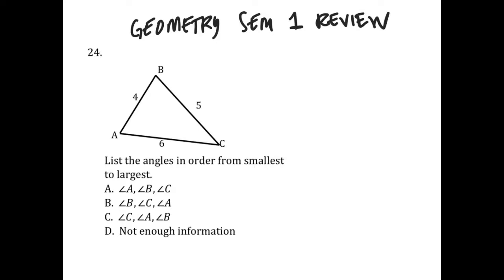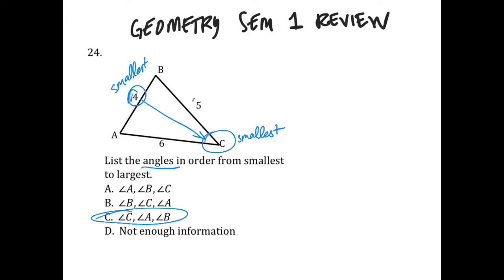Number 24 says list the angles in order from the smallest to largest. I know that the smallest angle is opposite the smallest side. So if 4 is the smallest side, then across from that 4 will be the smallest angle, angle C. So angle C is the smallest, therefore C is the best answer.